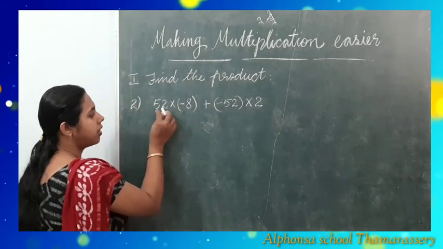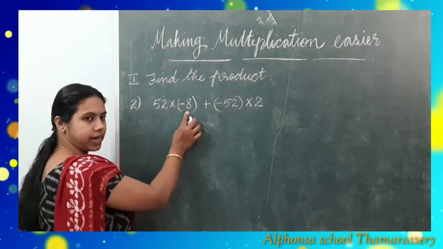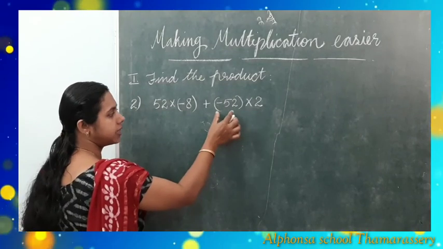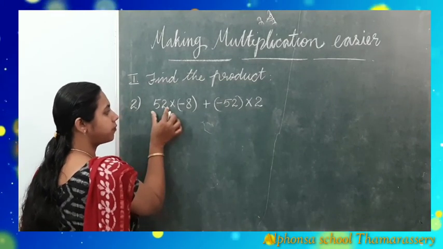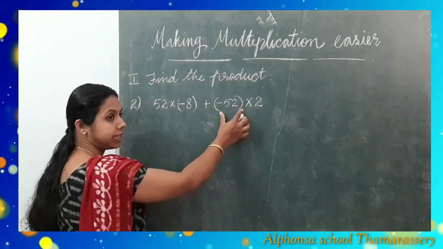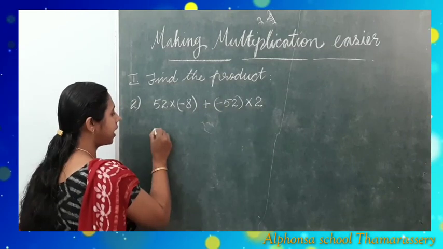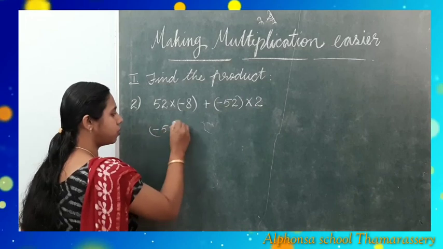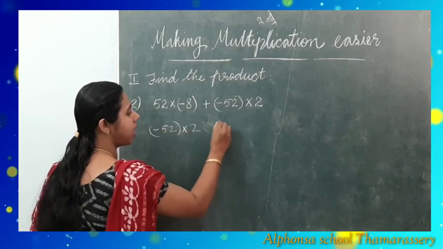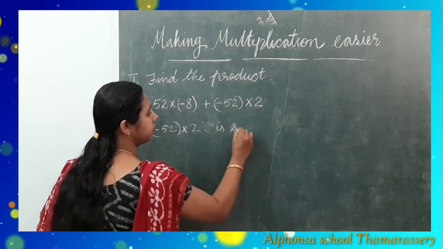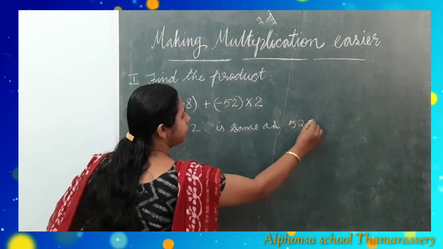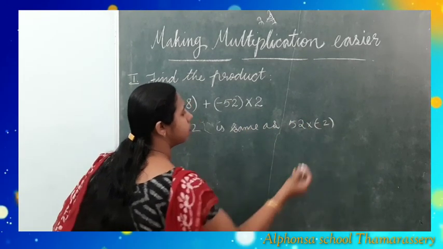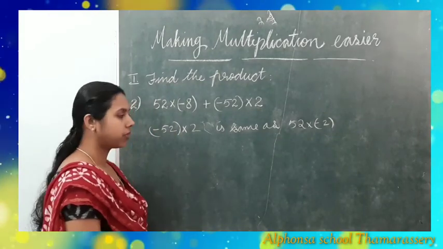So here 52 into minus 8. But in the second term it is minus 52 into 2. Here it is positive 52 but here it is negative 52. So minus 52 into 2 is the same as 52 into minus 2. Both answers are the same.